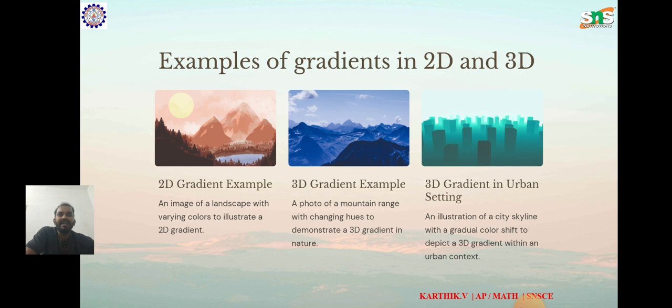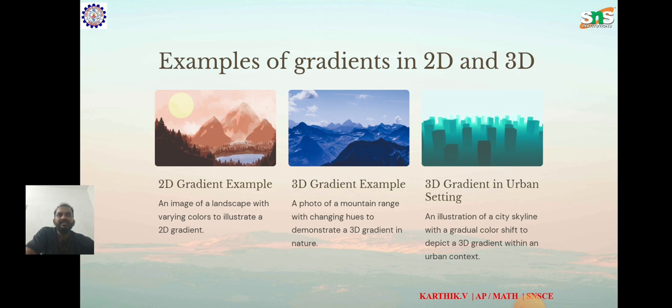Examples of gradient in 2D and 3D. Let us take a first image of a landscape with varying colors to illustrate the 2D gradient. In two dimensions, let us consider the scalar field f of x comma y equal to x squared plus y squared.